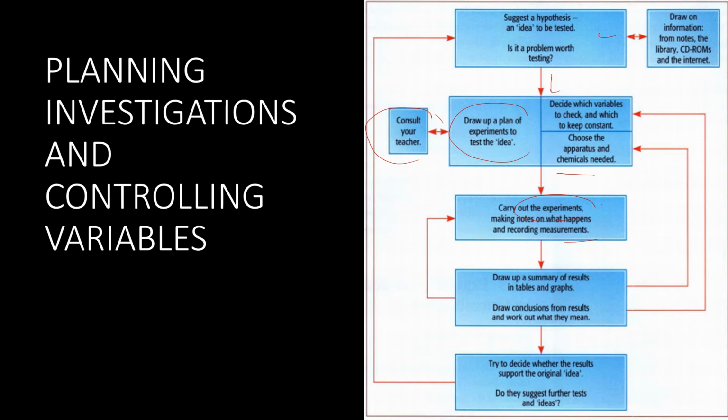And then draw up a summary of the results in tables and graphs. Draw conclusions and try to decide whether the results support the original idea or not. Do they suggest further tests and ideas? Then we can go back to the first, suggest a hypothesis.